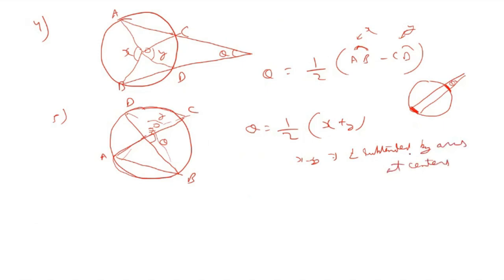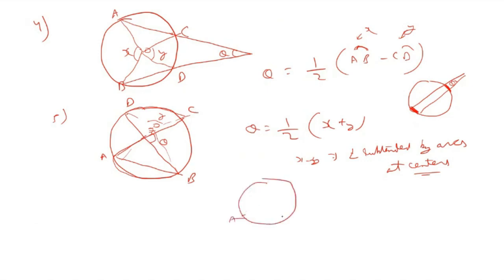In geometry terms, the angle subtended by the arc at the center is also called the size of the arc, but it means the same thing. It's pretty intuitive, but what do we mean when an arc subtends an angle at the center?